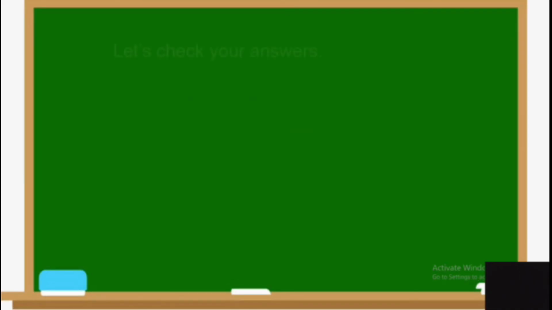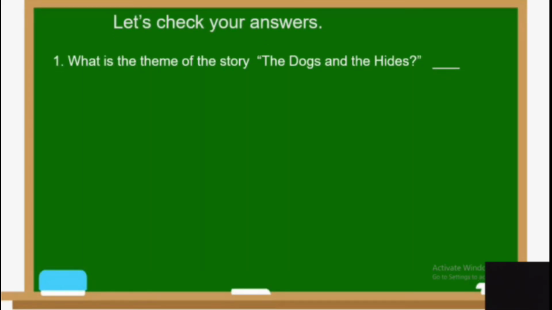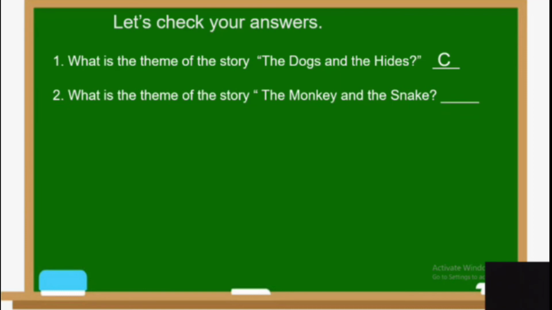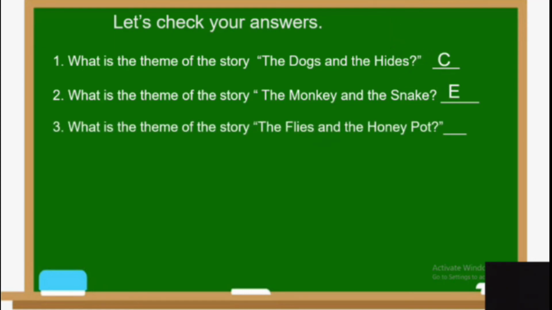Alright, let's check your answers. Number 1. What is the theme of the story The Dogs and the Hides? C. Number 2. What is the theme of the story The Monkey and the Snake? E. Number 3. What is the theme of the story The Flies and the Honey Pot?